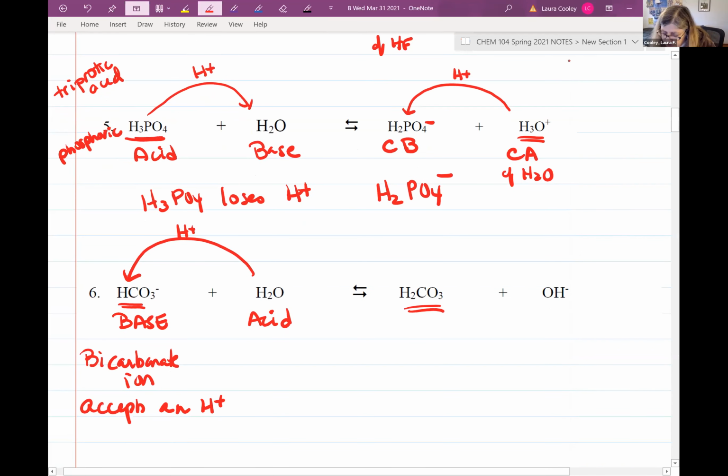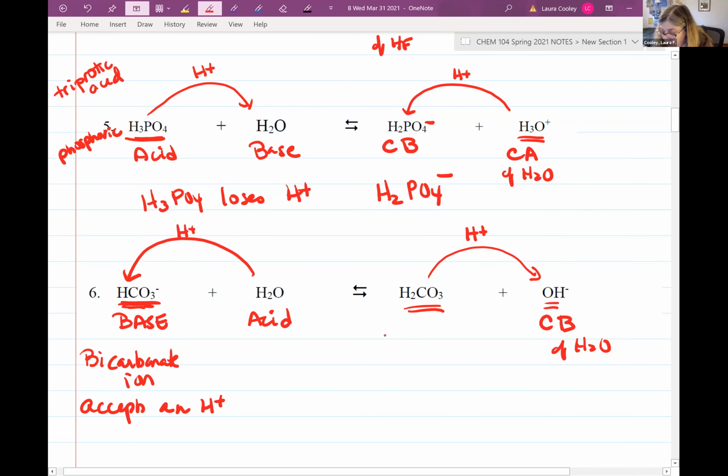So if we go to the other side of the equation, you could see that in order to get HCO3 minus from H2CO3, you would have to donate the proton that way. And this OH minus would become water. It's accepting a proton here, so it's the conjugate base of H2O. And this is carbonic acid.